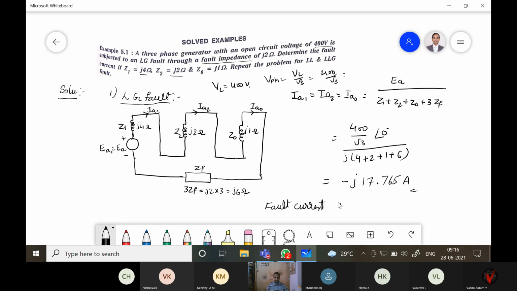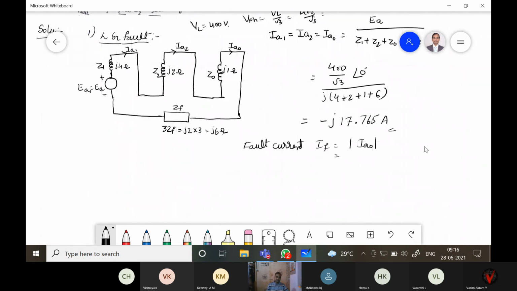Fault current IF is equal to the magnitude of 3 times IA0.